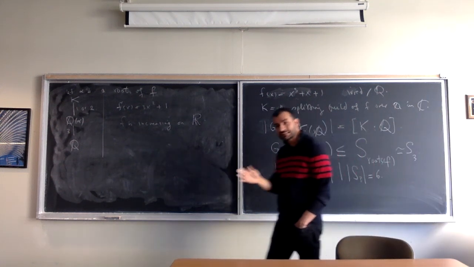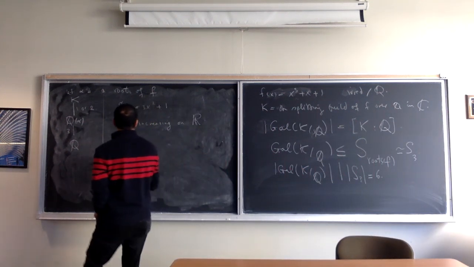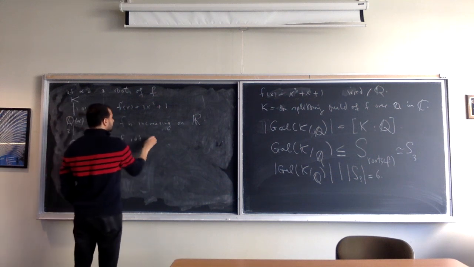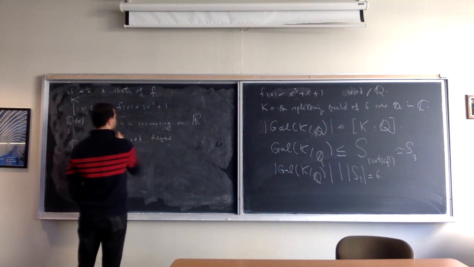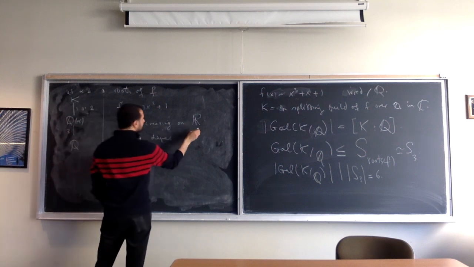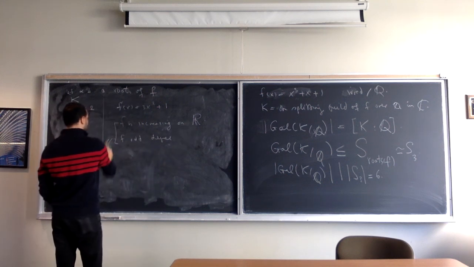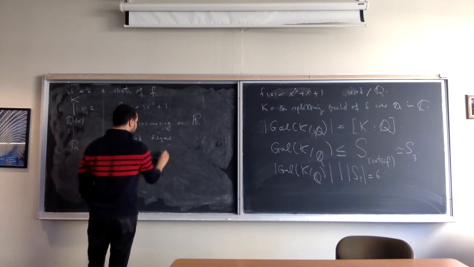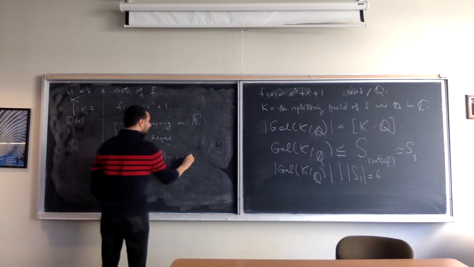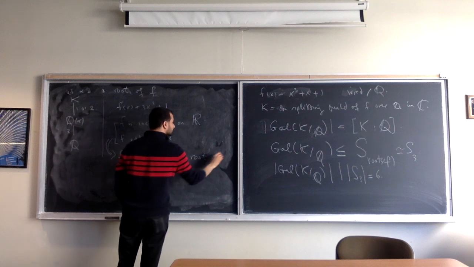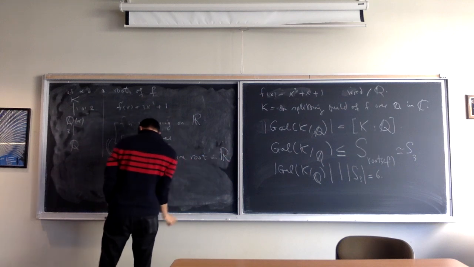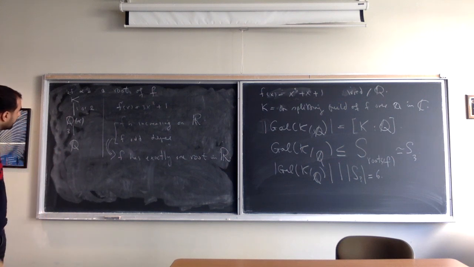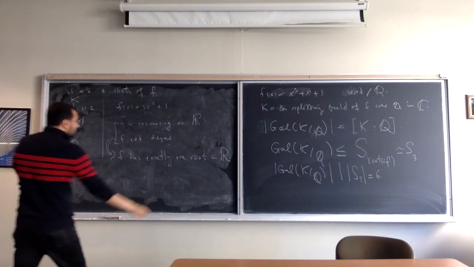So f having odd degree, together with it being increasing, implies that f has exactly one root in R. Okay, so there's one real root.